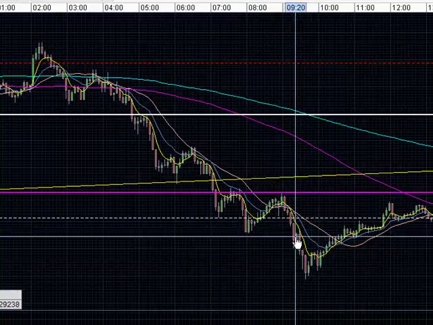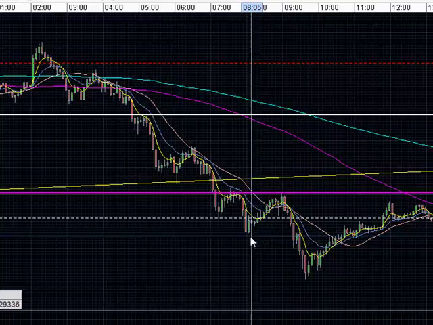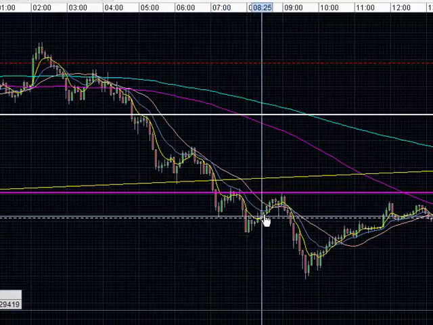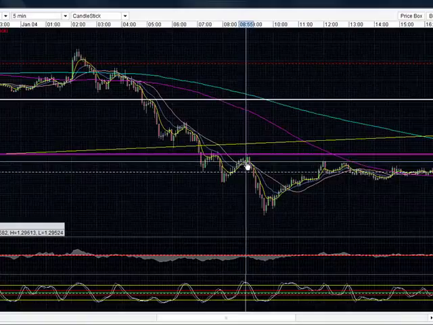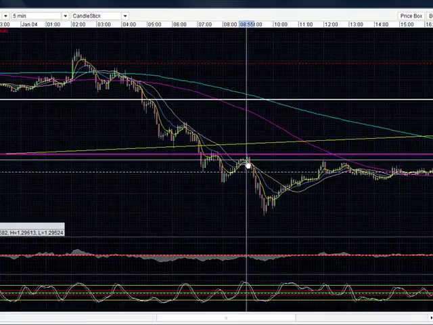Now, if you were looking for another opportunity to short this pair after the New York opening, you could have done it right after the release of the factory orders report around 10 a.m. Eastern, or 9 a.m. Central Standard Time, which is my time in the Midwest.